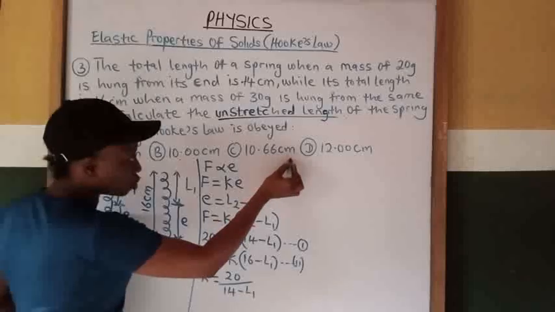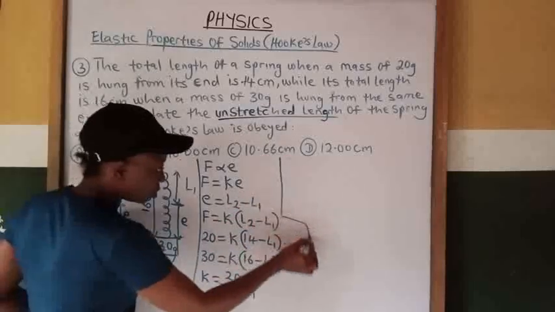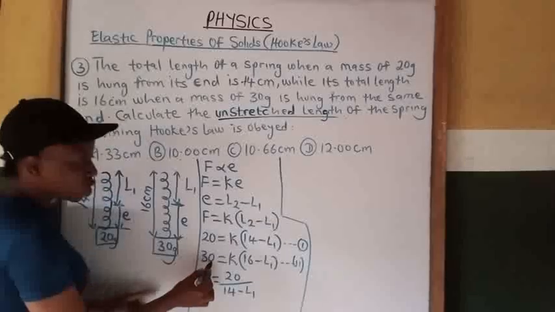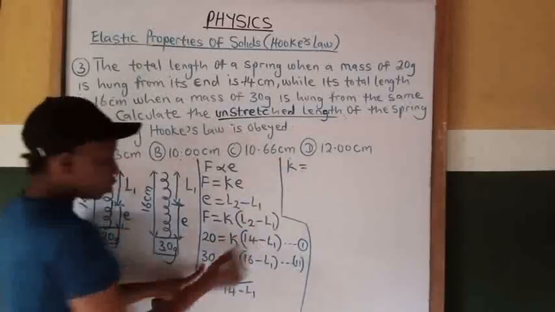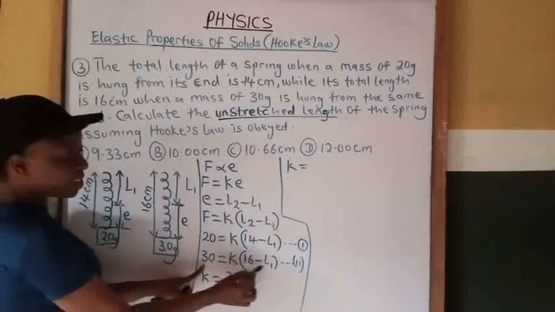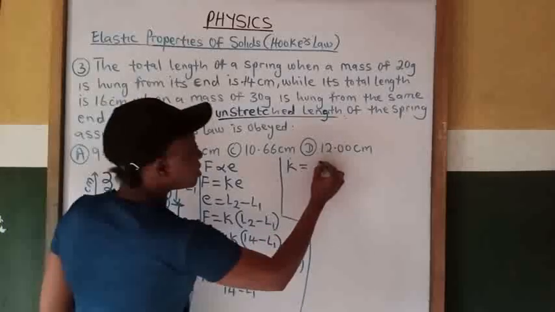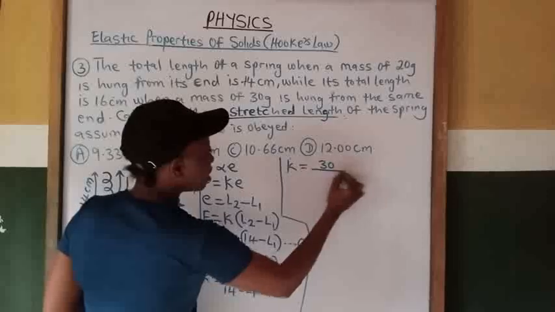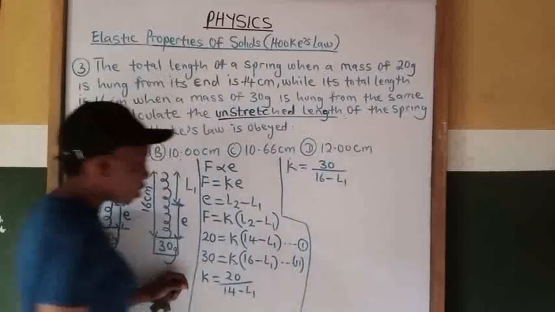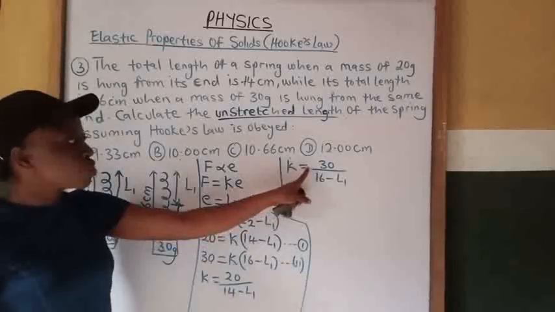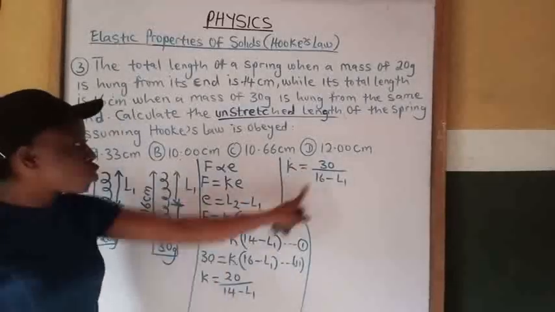From equation 2, to calculate K, K = 30 divided by (16 − L1). So K equals K. Let K here be equal to this K.